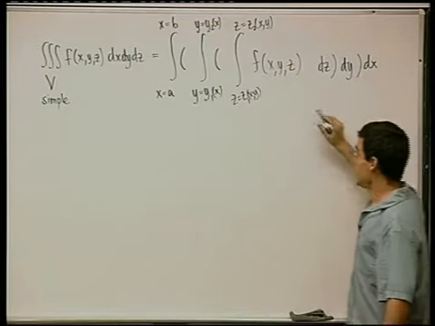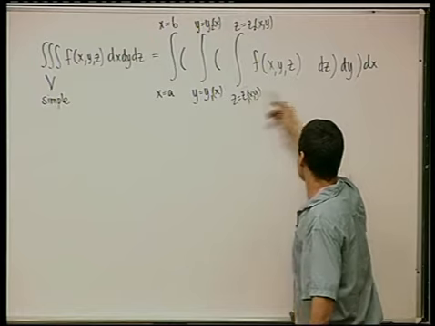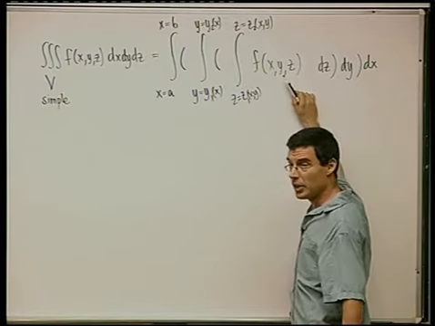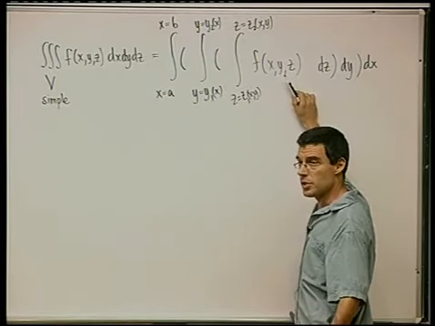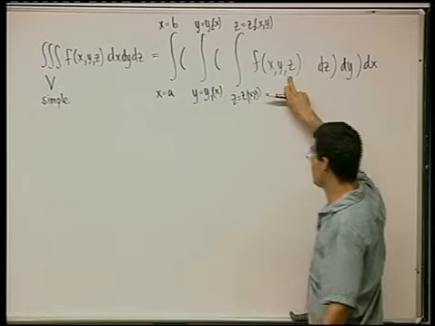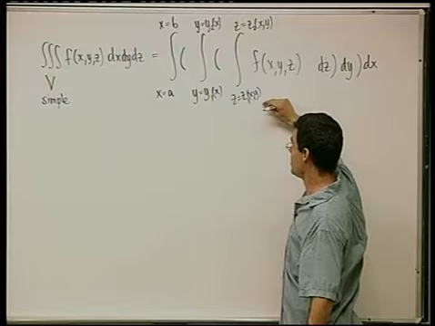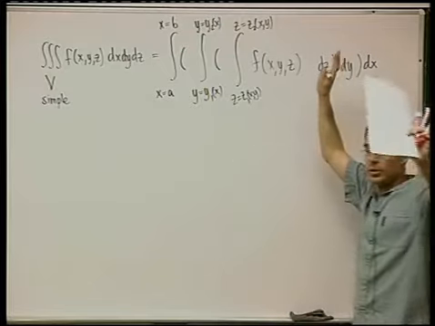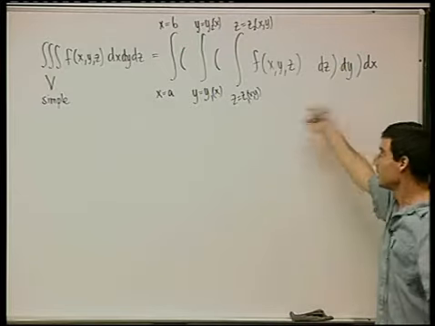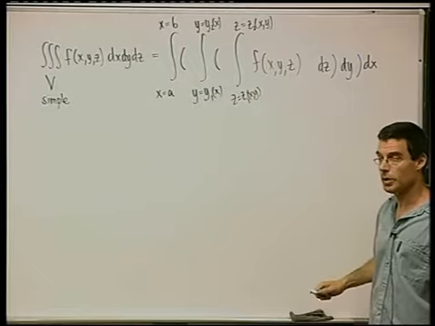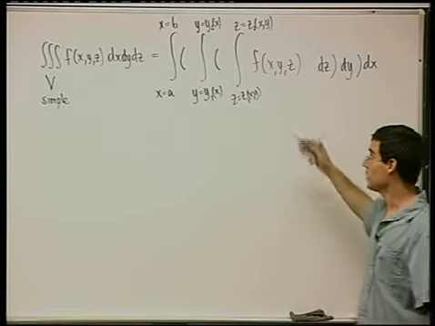And if you look at the inner one, x and y are now constants, now parameters. We only solve it dz. And then after we solve it, we plug in the z's. Z is going to be gone. They're going to be left only x's and y's. And then you continue to the next integral. After you solve it, they're going to be left only x's.